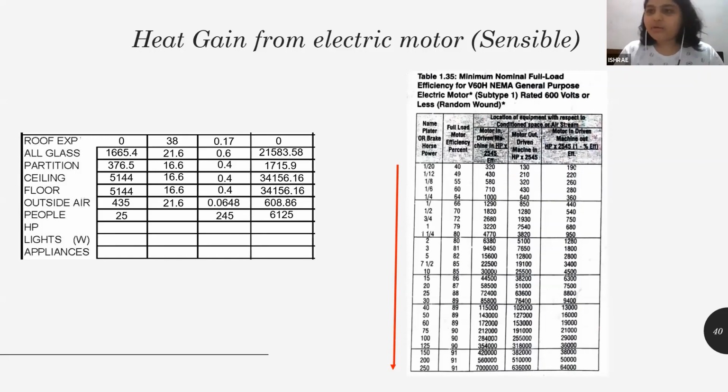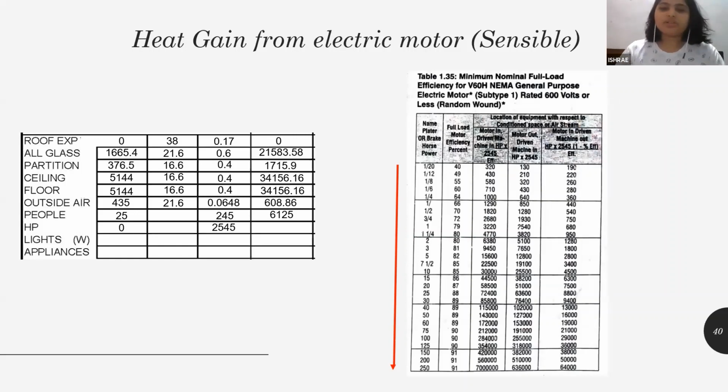Right now I have considered it to be 0 because further ahead I have taken a safety factor for it. But if you are calculating for some precise equipment, or for a cold room or a pharma company, then you have to have a precise heat load calculation, and at that time putting up the HP of the electric motor is very important.